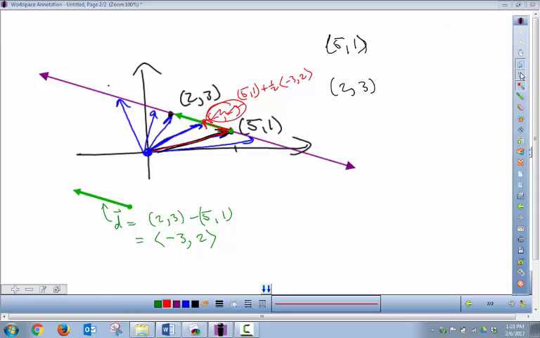So let's say I wanted to get to this point right here. So I put another D over here to say that this is twice as long as the D. So how can I get to this point right here?